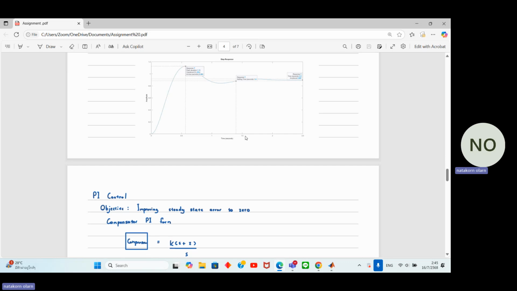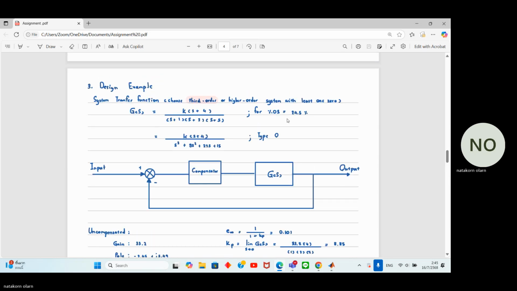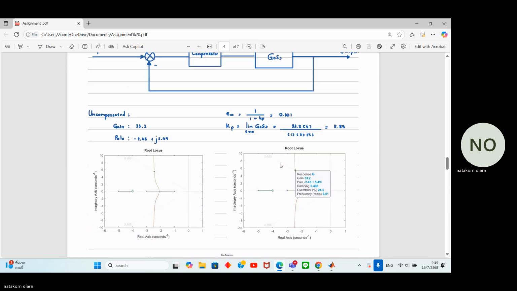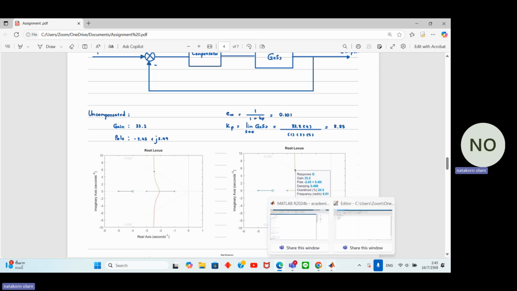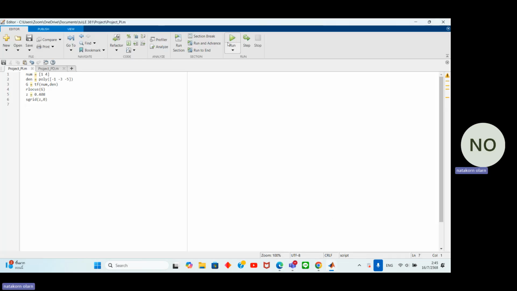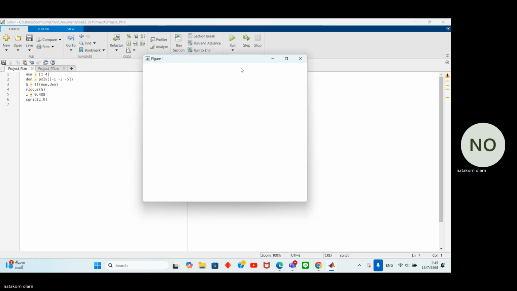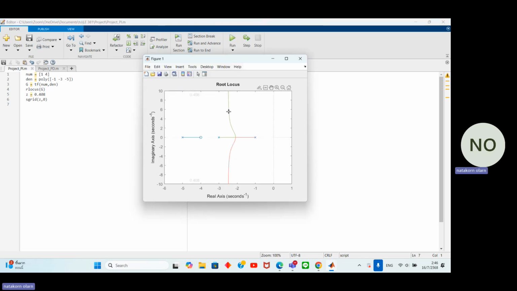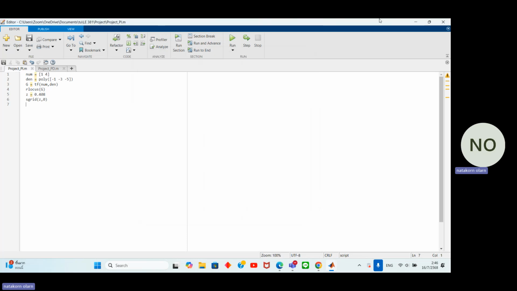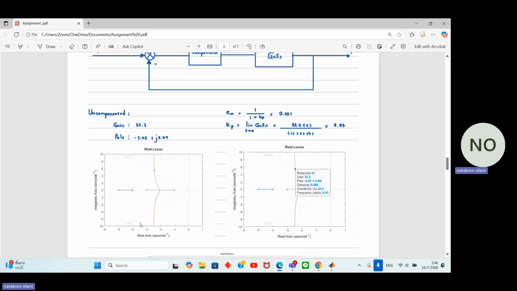So let's find the value by the root locus method. From the damping ratio 0.458, we have the pole and gain, which is here.